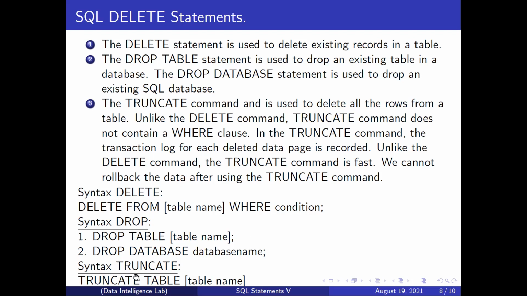But if you are using the truncate command, you are ultimately deleting everything, all the data records within your table, right? And you can't use the where condition on the truncate command. The truncate command does not allow the where clause, except for delete. Then for drop, you can use drop table, table name, or drop database, database name.